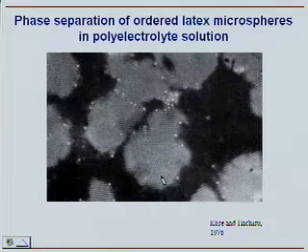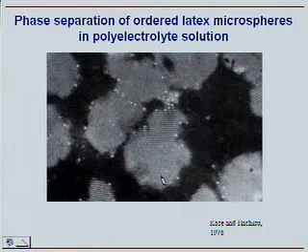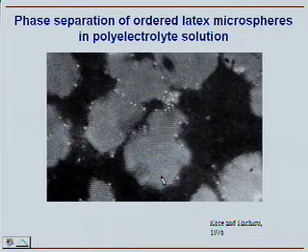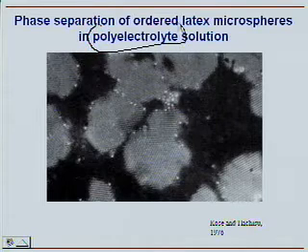But then let's go to the interesting image here, and you can try explaining that, for example. This is again a system where the colloid particles have been organized; they are packed together. And in order to pack them together, what these Japanese researchers have done is to add polyelectrolyte.